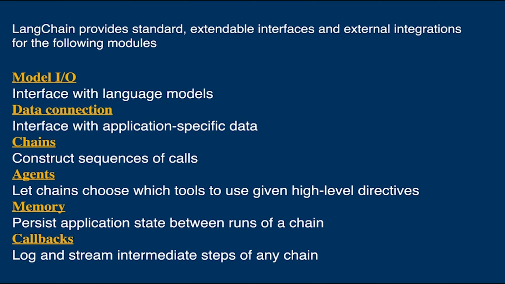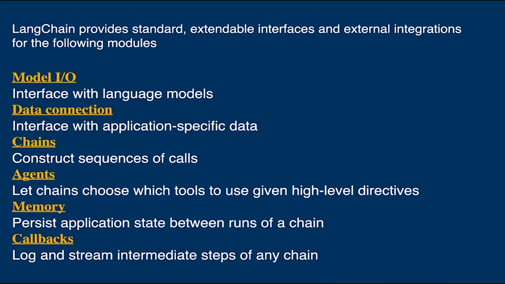LangChain provides various components, various modules to consume the language models using either Azure OpenAI or OpenAI. The following are the modules as we see on the screen. Model interface: it provides an IO interface to integrate and interact with the language models either through Azure OpenAI or OpenAI.